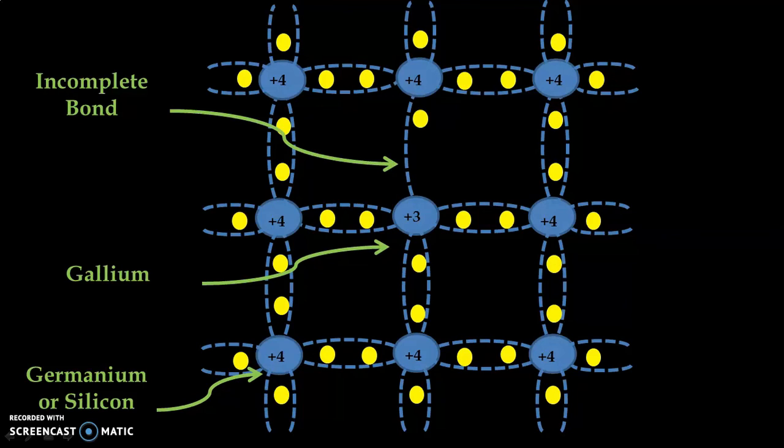But now this incomplete bond, or the position vacant for the valence electron, can be fulfilled with the neighboring valence electron from the silicon. And the heat energy required is very less, that is hardly 0.01 electron volt, and at room temperature also the heat energy can be imparted to make it possible.